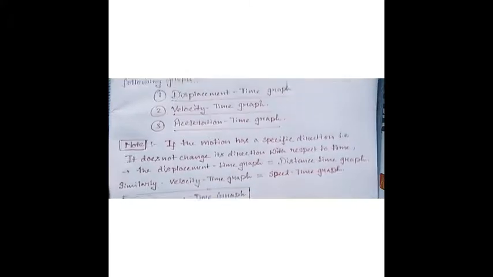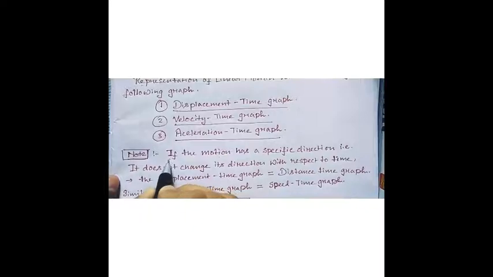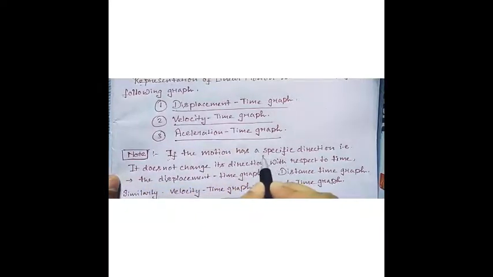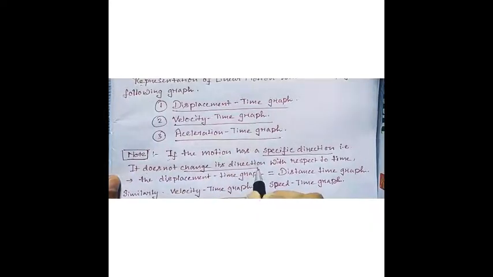Note one thing, that is, if the motion has a specific direction. So what does specific direction actually mean? Specific direction means it doesn't change its direction with respect to time.